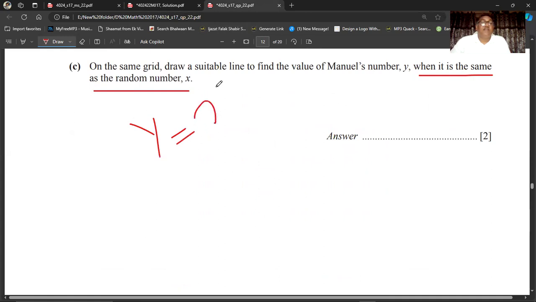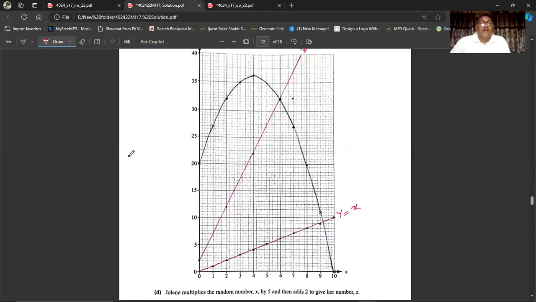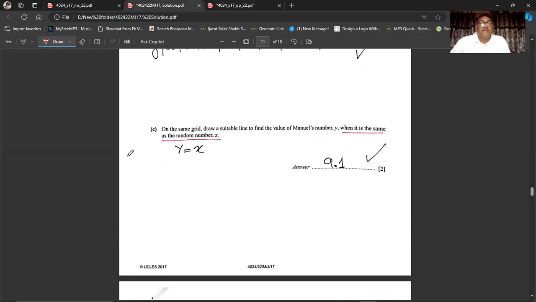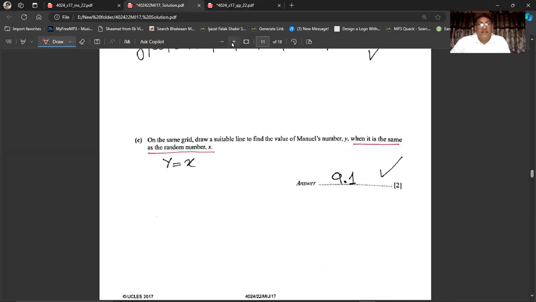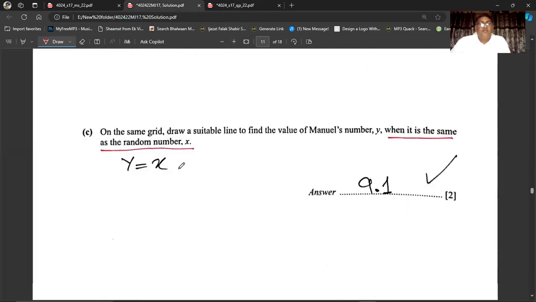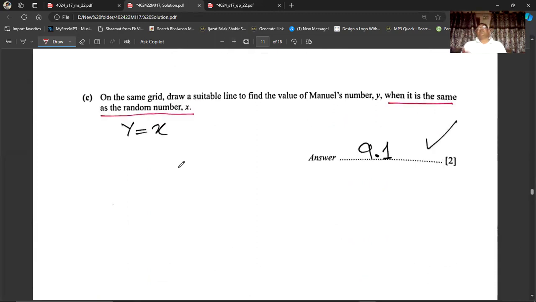You have to draw the line y equals x. When y is equal to x, the line passes through 0 comma 0, 1 comma 1, 2 comma 2, 3 comma 3, whatever the x value, the same is the y value. 4 comma 4, 10 comma 10, 20 comma 20.